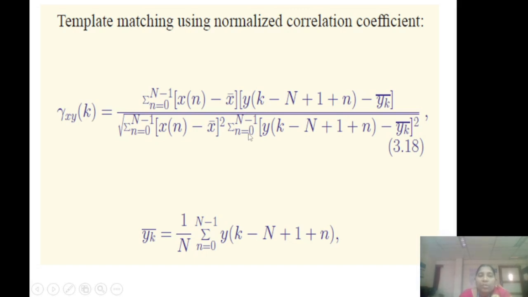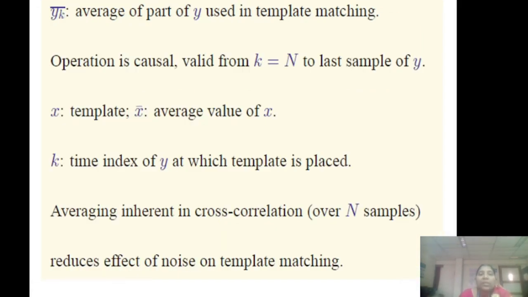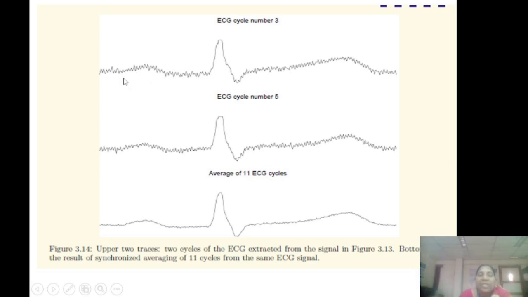This is the formula to calculate the normalized correlation coefficient. The template we call x, and k is the time index. Initially the signal is corrupted with noise, here and for cycle number 3 and cycle number 5 also, and after 11 cycles when you average it, the noise is reduced and only the signal is extracted. So thank you.